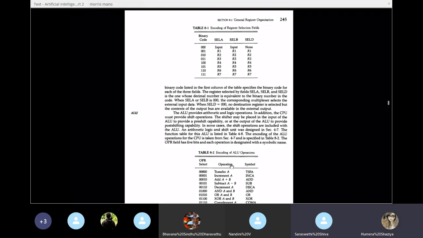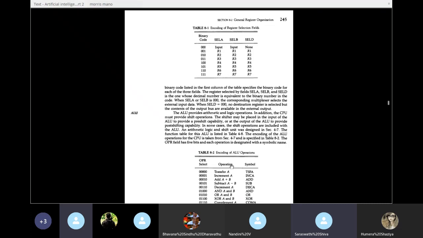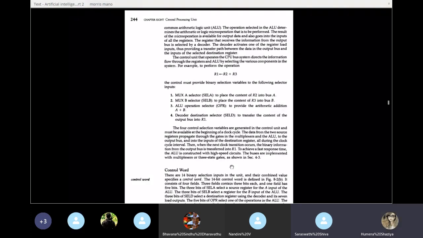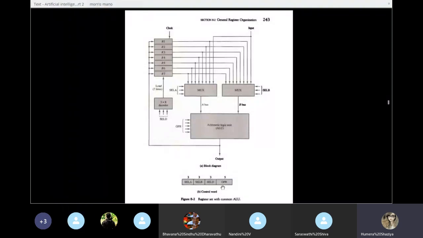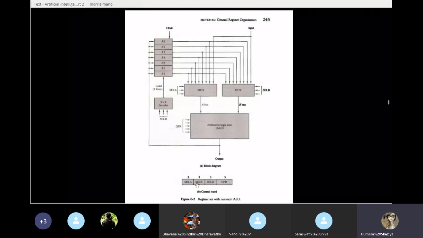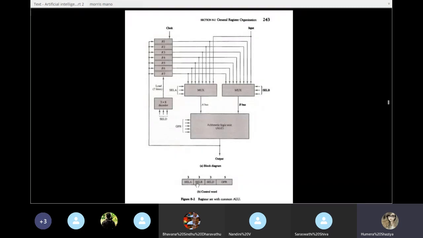No, no. Then how can we get, ma'am? How can we get? We can get by putting those codes in this format. Here, look at this format. Are you able to look at this control word? Yes, ma'am. In this format, you put those codes. What is cell A?